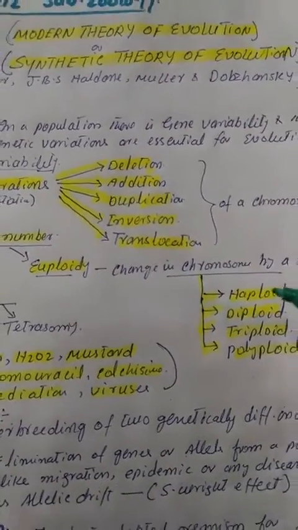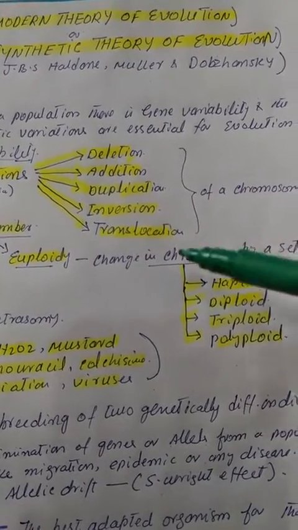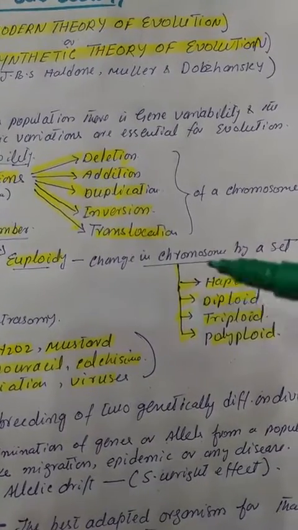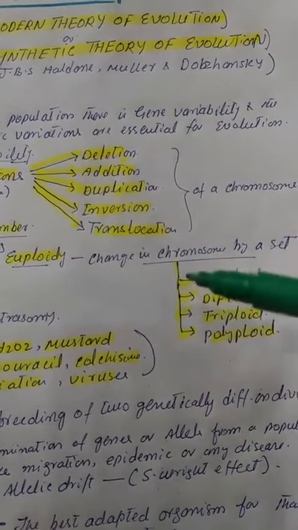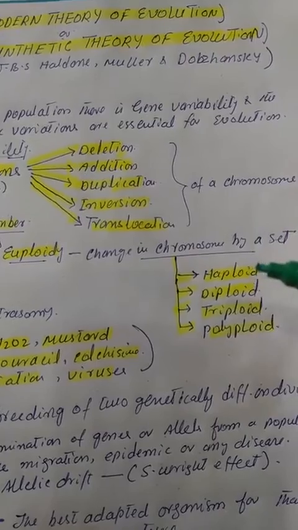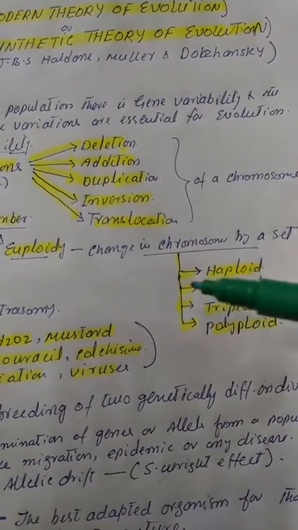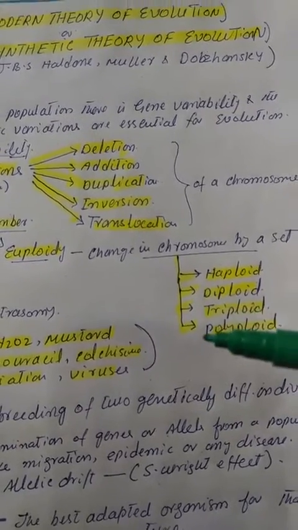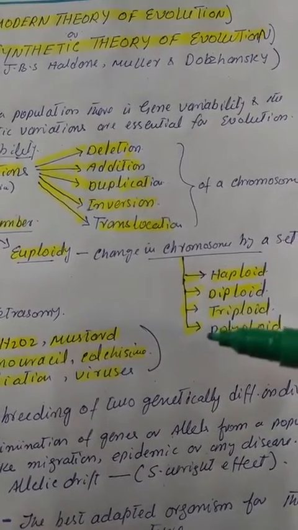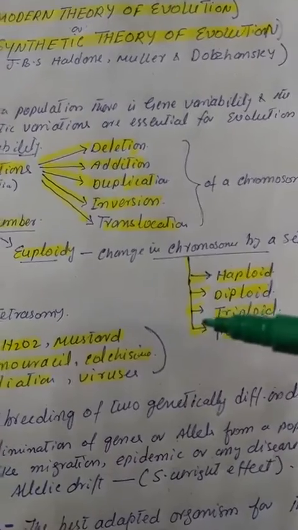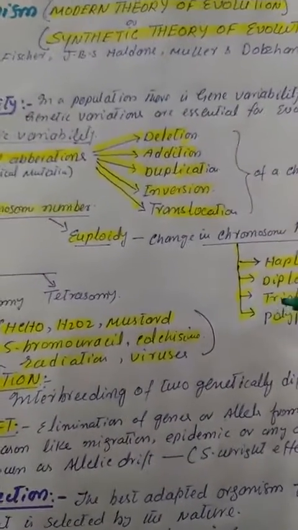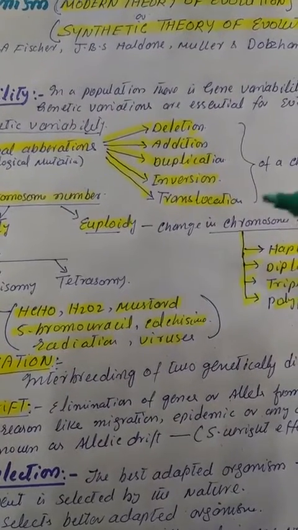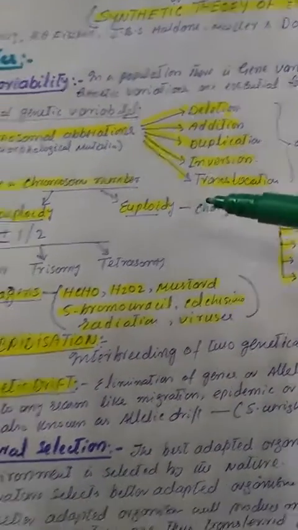This is due to the addition of a complete set of chromosomes or deletion of a complete set of chromosomes, wherein the deletion of a complete set is called haploid condition, and addition of a set of chromosomes gives diploid or triploid, or polyploid when more than two sets of chromosomes are added. This is another cause of genetic variability.